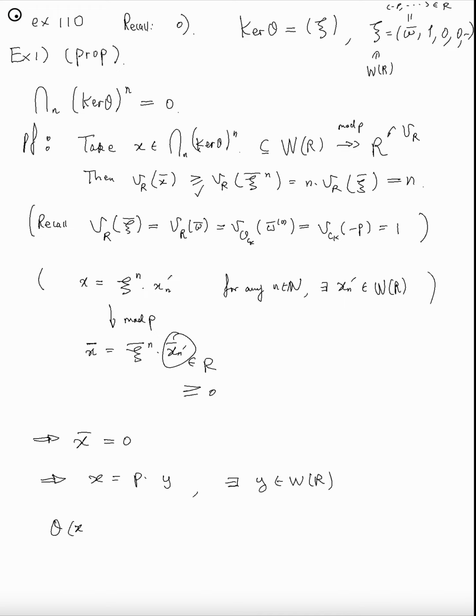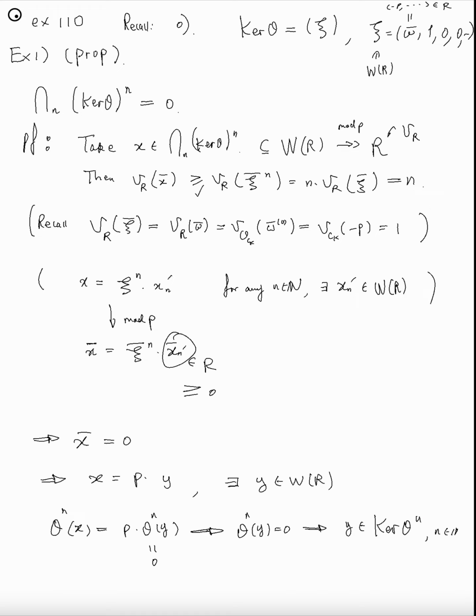But then notice theta of x is p times theta of y, and in W(R) this is p-torsion free, and theta of x is 0, which implies that theta of y is 0, which implies y is in the intersection of the kernel of theta to the power n for any n.